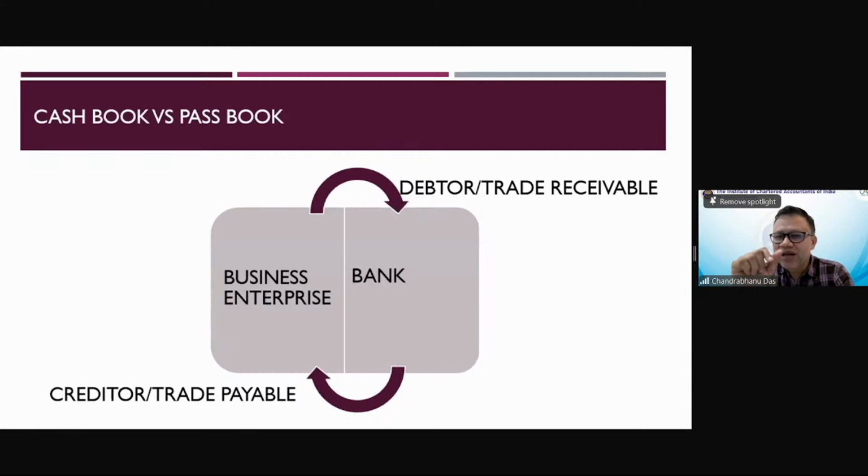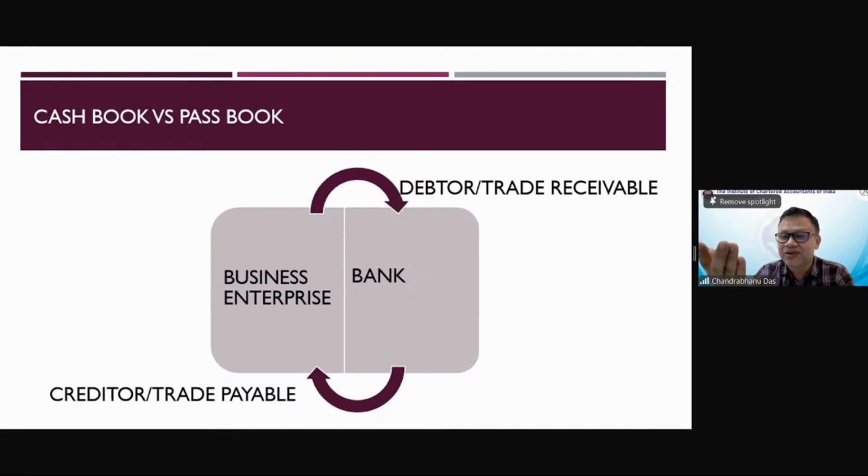Now, when I am talking of this difference, the savings account, or the current account, or whatever money you're depositing in the bank, one day you will take it from them. So for that condition, it is a liability. So for the bank, you are becoming a liable creditor or trade payable.